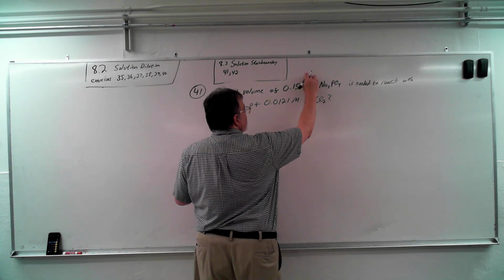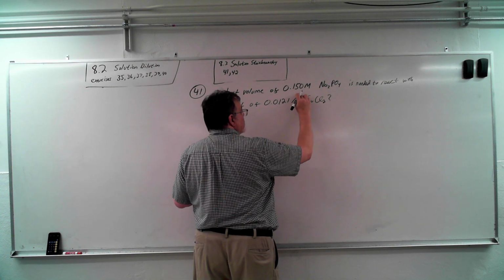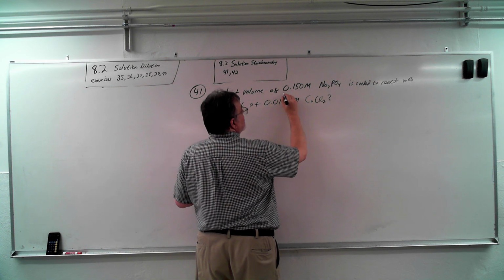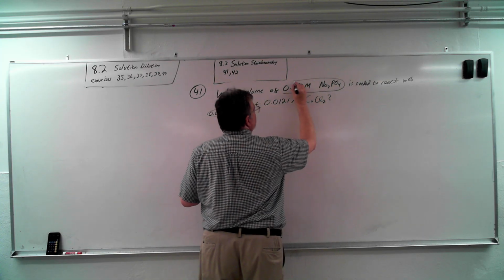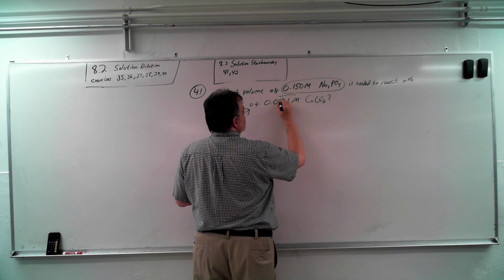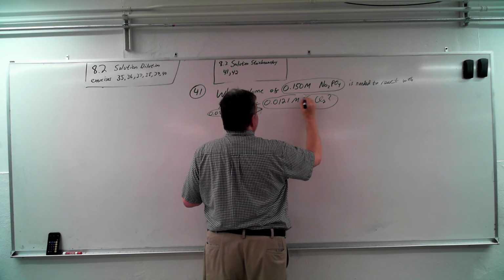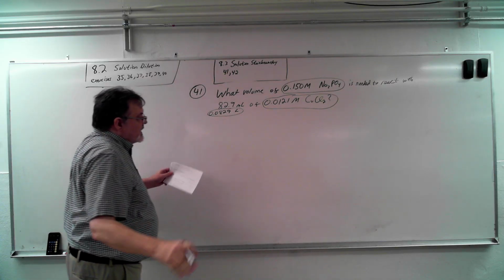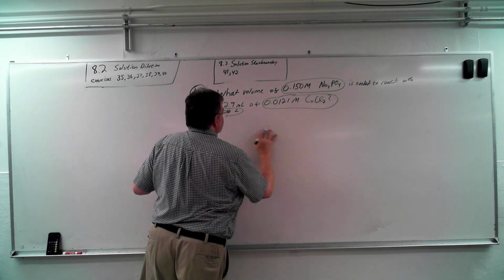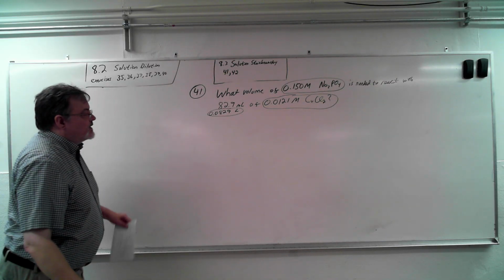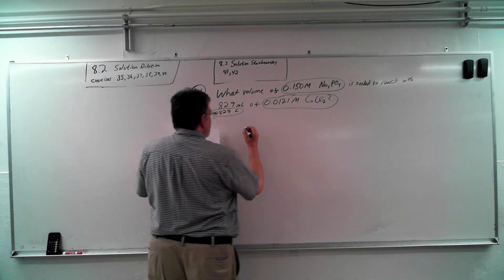This is moles per liter. I'm going to expand that out. So we've got this to expand, and we've got this to expand. And then we're going to need the molar ratio. Here's the reaction.